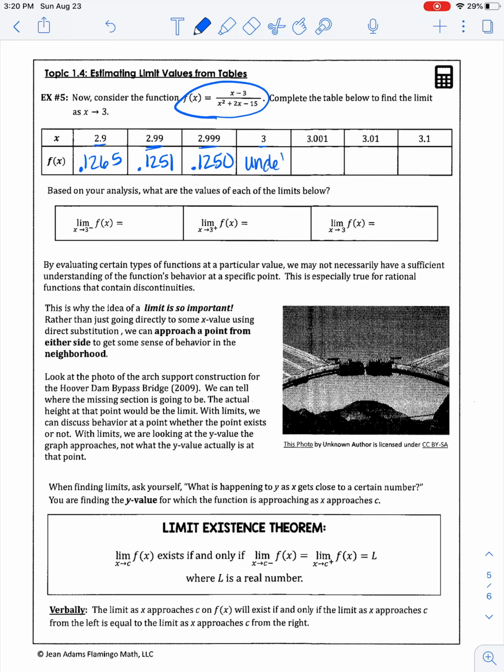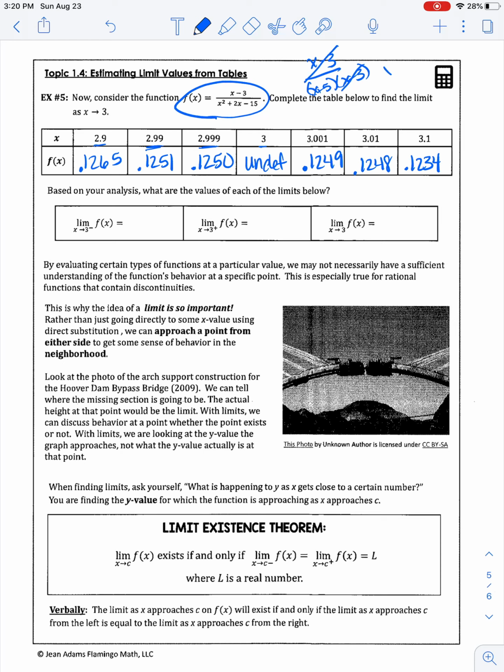At 3, it's actually undefined. 0.1249, 0.1248, and 0.1234. And just for kicks, I want to go ahead and factor this just so I can have a better understanding of what's going on. 15 would be 5 and 3, and I want a positive 5 and a negative 3.